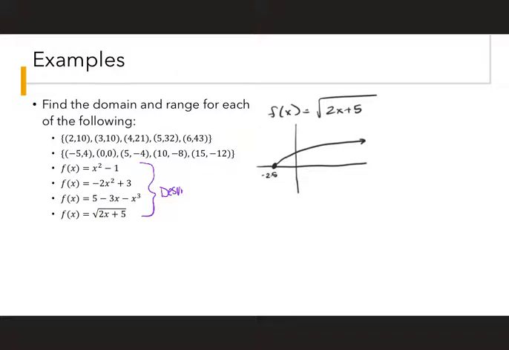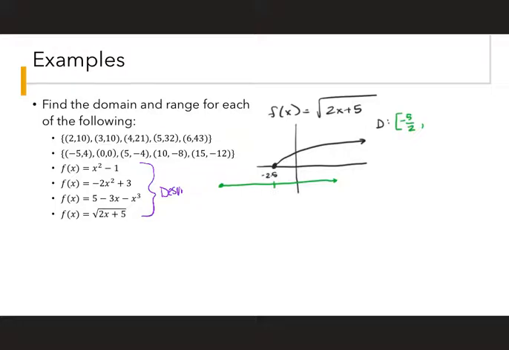If I look at it from the domain perspective, starting way back over here and moving this direction, coming from the left, working right, the first time I hit the graph is at negative 2.5 or negative 5/2, however you want to write it.